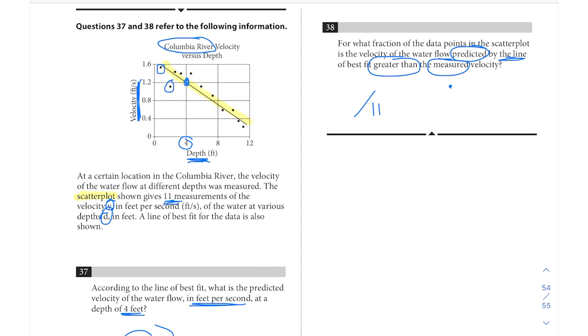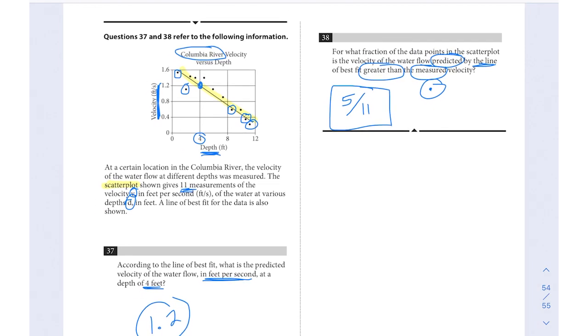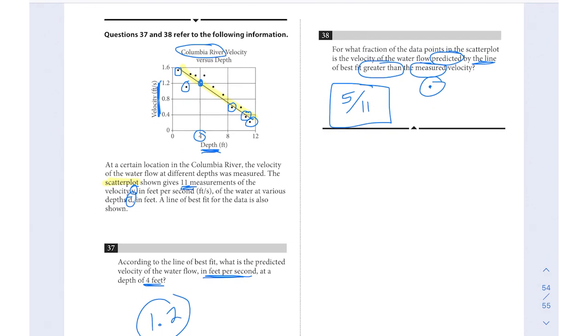That would be true for this one, this one, this one, this one, and this one. So 5 out of 11 is the fraction of our total for data points where the predicted value, the line of best fit, is greater than the measured value or the data point itself.